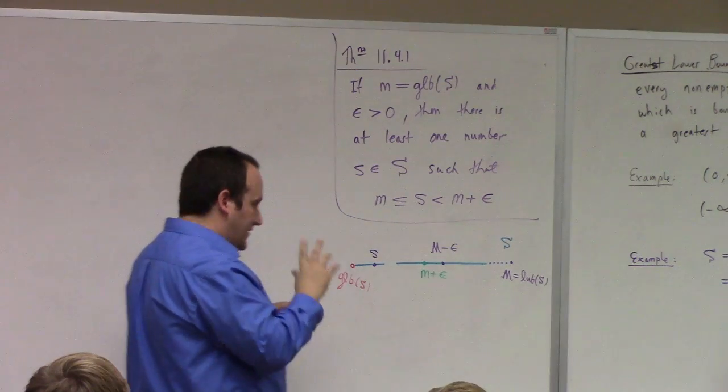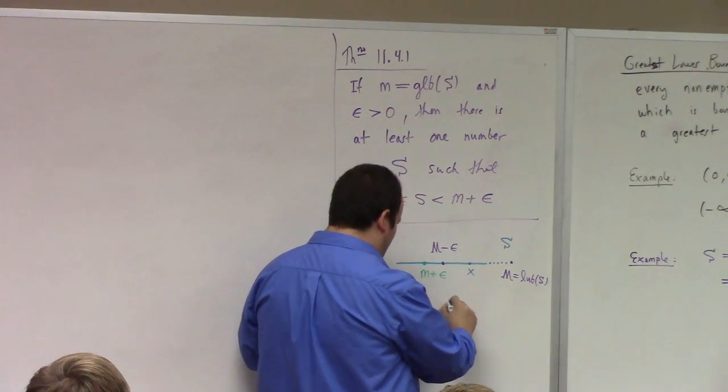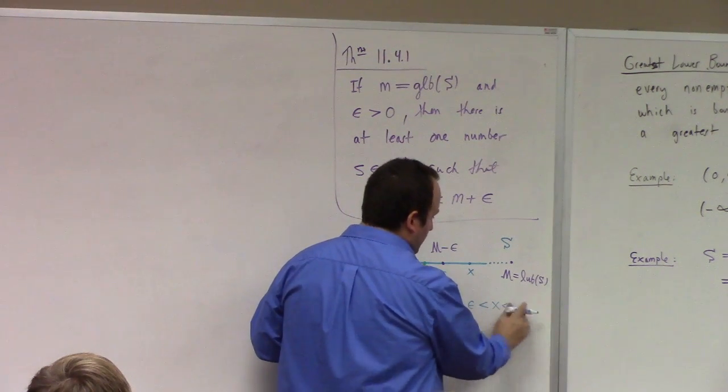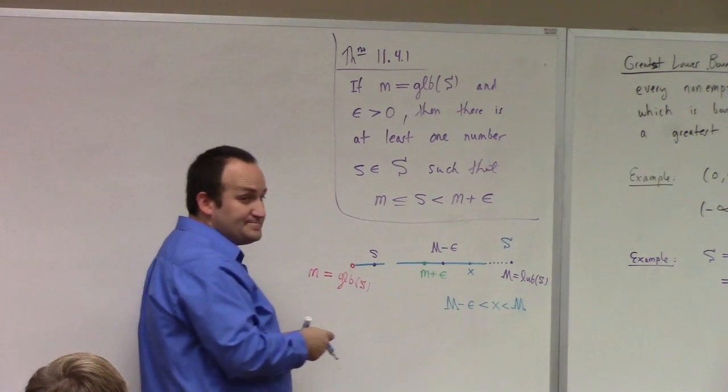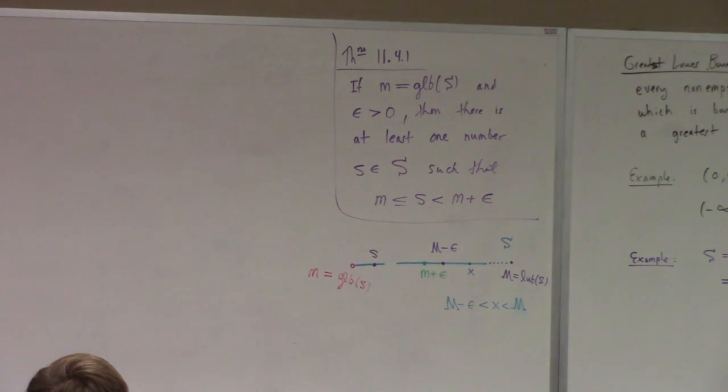And likewise, there's a theorem that says you can find at least one point over here, like this, x, such that M minus epsilon is less than x, is less than the least upper bound M. So there also exists a point like that. It could be that the x or the s on the other side are actually just the least upper bound or the greatest lower bound, respectively. That's possible. But anyway, we could prove that, but I think it's geometrically pretty obvious that these things are true. But you can actually prove them carefully, and that's done in 11.1.